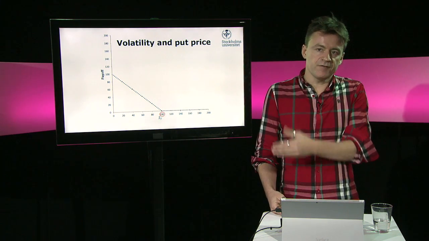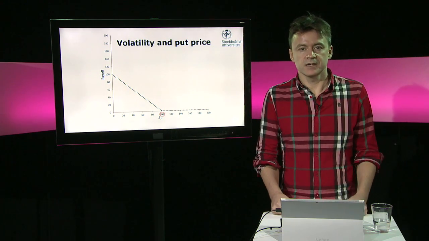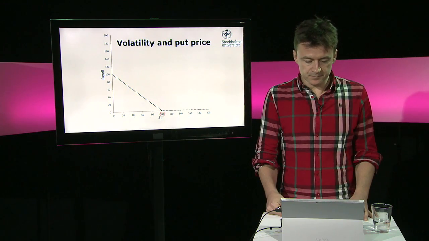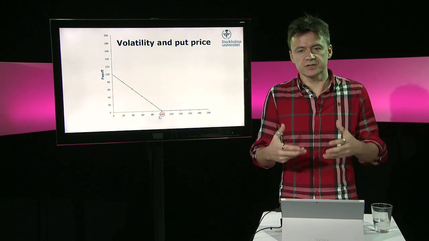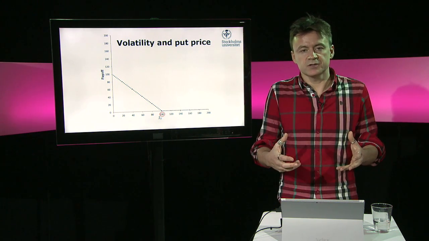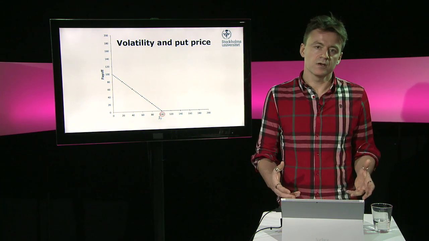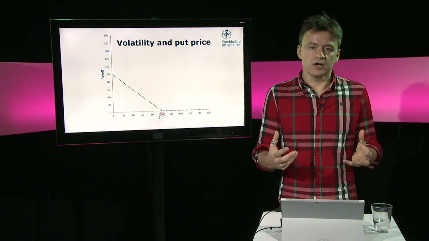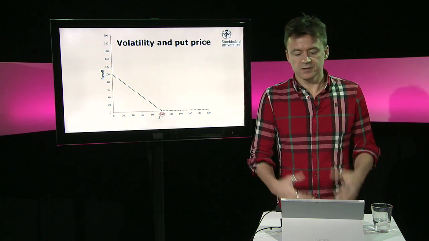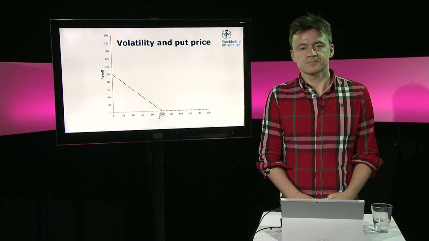Now, the net effect in this case of this asymmetric effect is again positive on the payoff of the put option, and therefore the larger the volatility, the larger will be the put price.